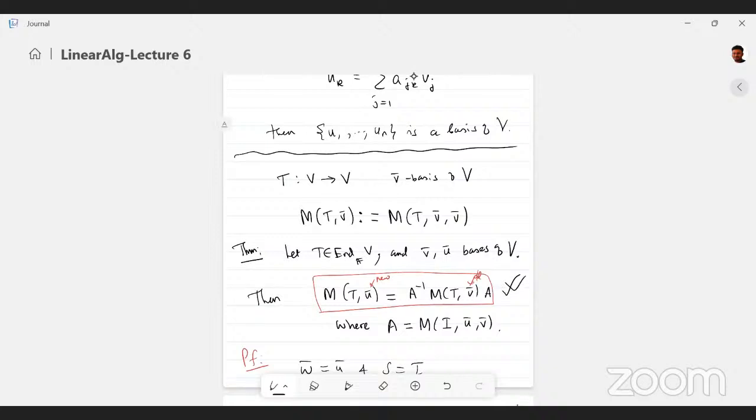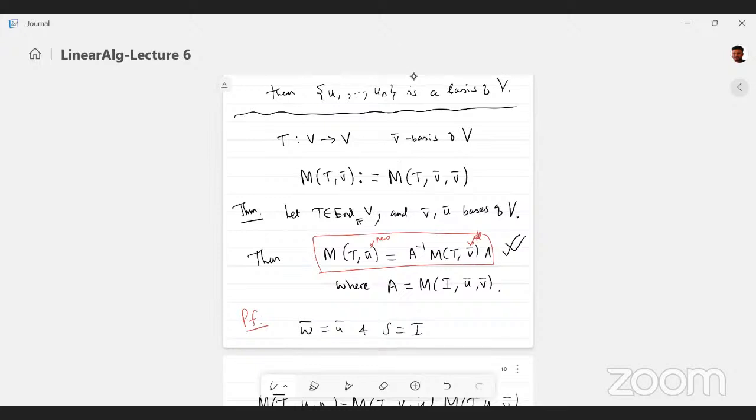So that means if you take this linear transformation and look at the matrix of T with respect to one basis, and then change the basis and look at the matrix of T with respect to another basis, then the relation between them is given by this translation matrix. So they are conjugate under this translation matrix, and this matrix is also very explicit, like I told.